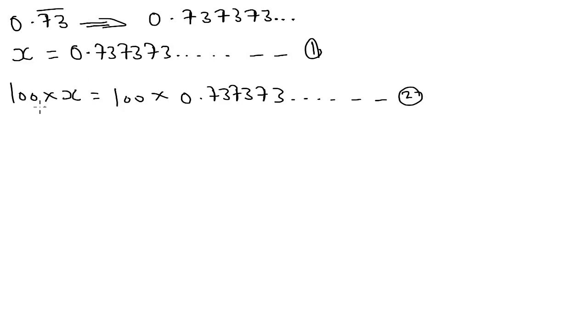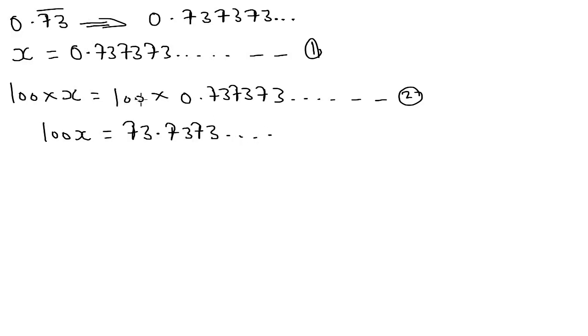Let's simplify equation 2 a little bit. 100 times x is 100x, and that's equal to 100 times this entire decimal. We shift the decimal point 2 places to the right, and thus we have 73.7373 repeating.